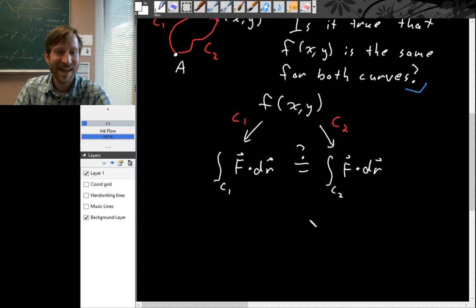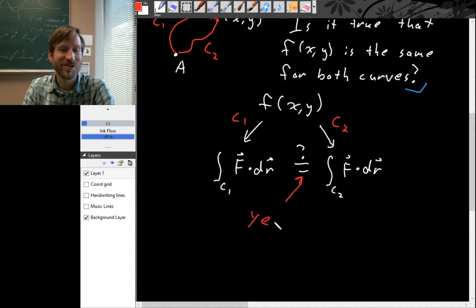But asking if these are equal or not, that's just asking if the line integral is path independent or not. And we assumed at the very beginning that F has path independent line integrals. So the answer here is yes, because F has path independent line integrals.